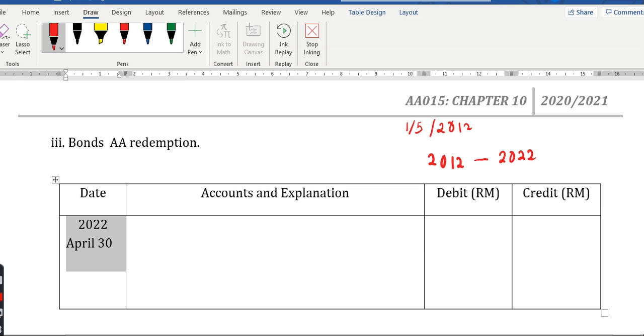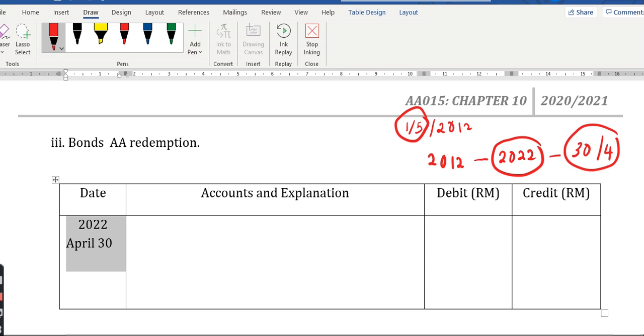Since you issued the bond on 1st of May, when you redeem the bond in the year 2022, the date will be 1 day early. So that falls on 30th of April.